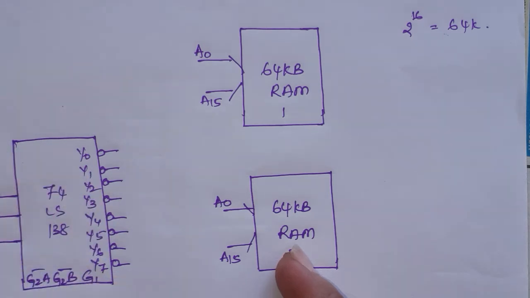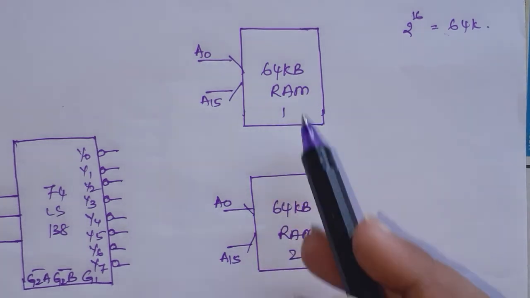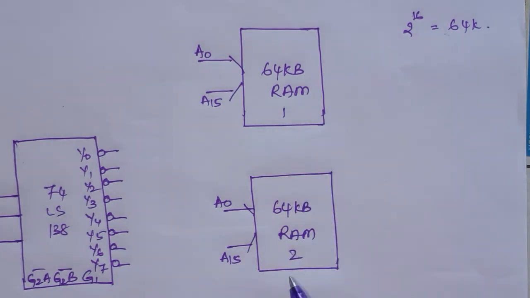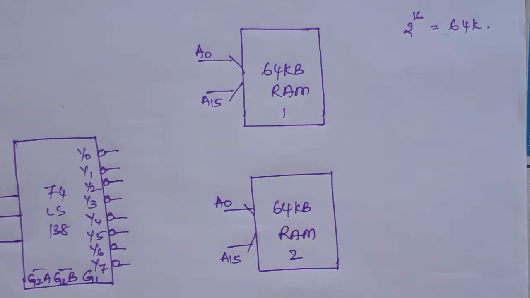Exactly in the 8086 processor, the memory interfacing will be different. Here, for easy understanding, I am taking a simpler case first, because you know 8086 is a word processor. It can process 16 bits of data at a time, but these are all byte chips. This is byte organized memory. So you can consider this particular design as applicable to the 8088 processor, which is a byte processor.